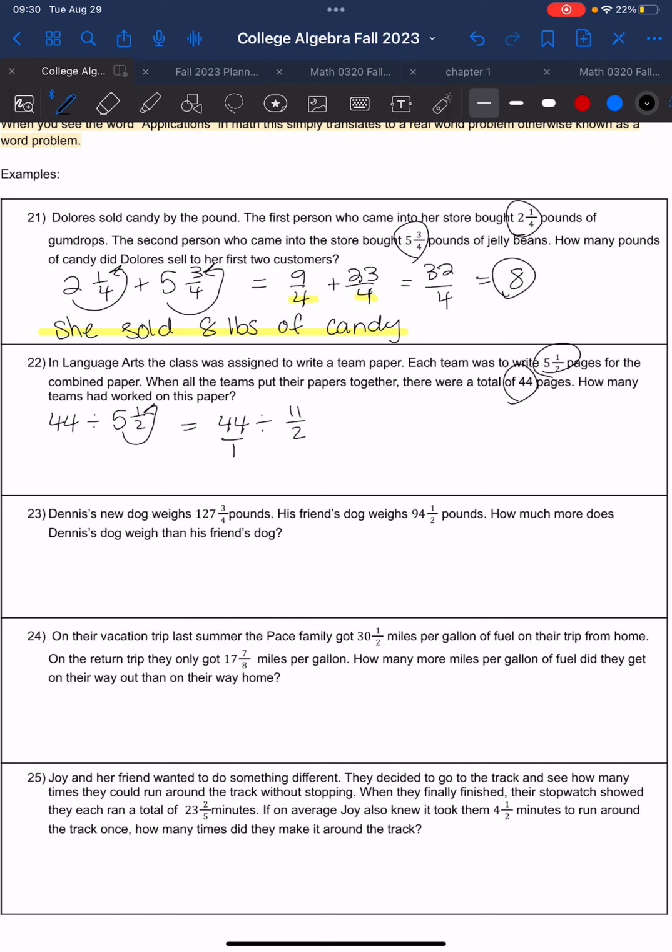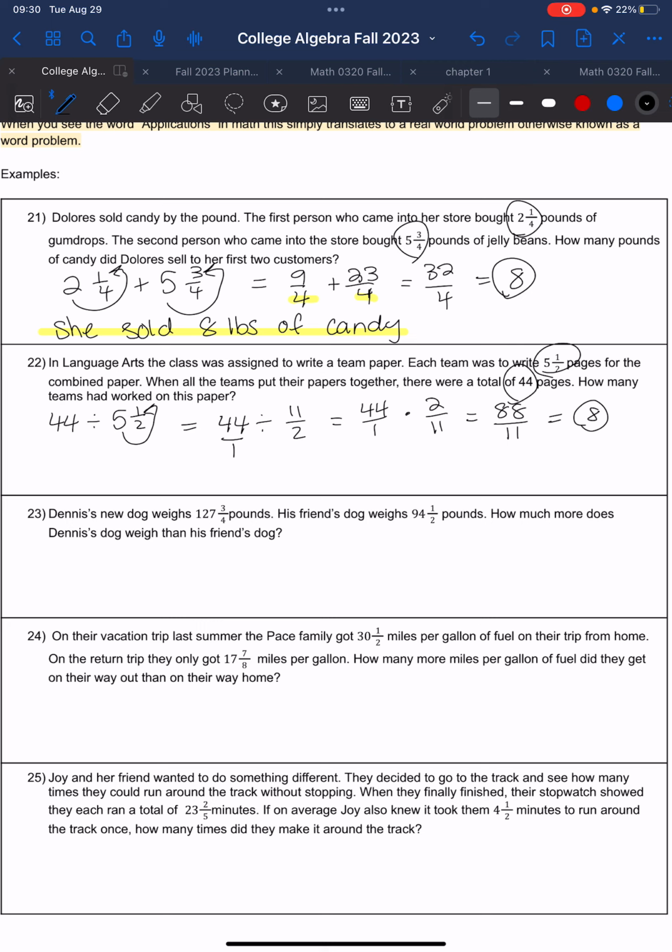So now I have 44/1 divided by 11/2. Remember, when we're dividing, we take that second fraction, flip it, and then multiply. So I have 44/1 times 2/11. When I multiply across, I get 88/11, which simplifies to 8.